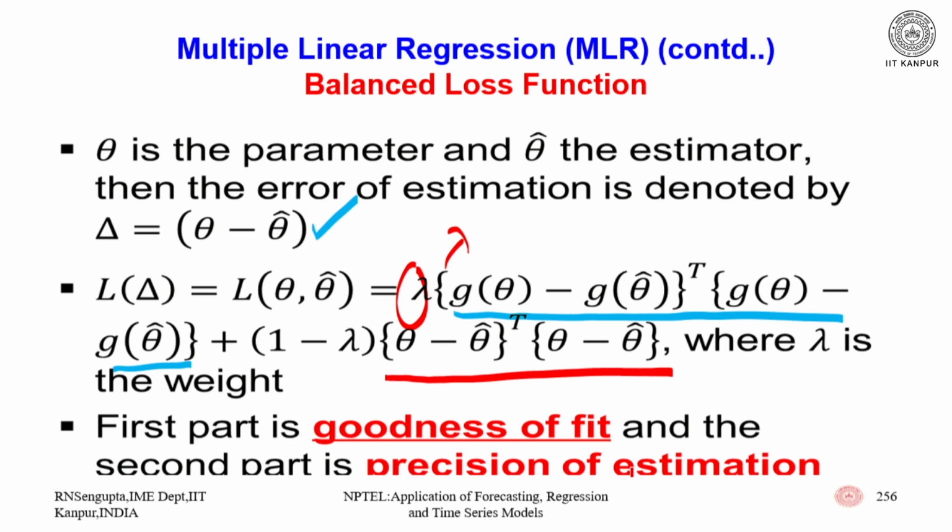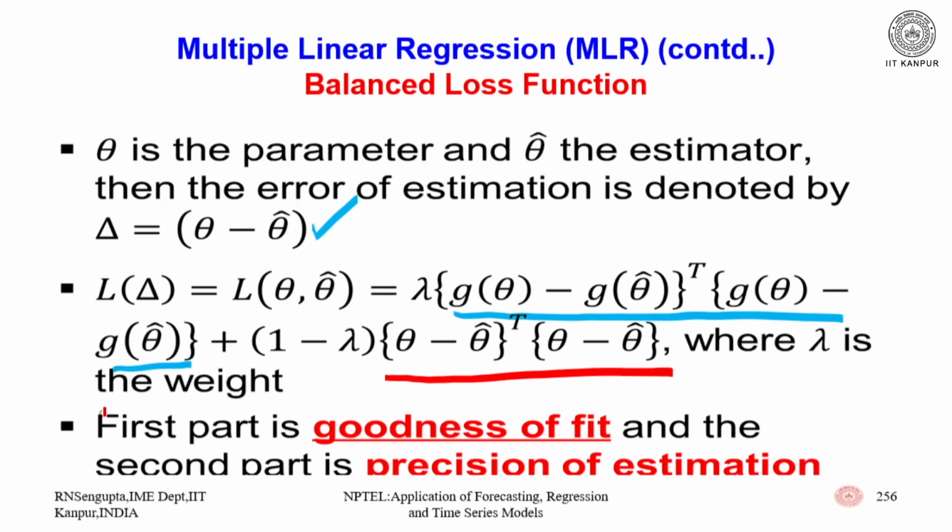So, in this case, the weightages would be lambda and 1 minus lambda. So, this I should mark with blue. My apologies, I will remove the coloring.